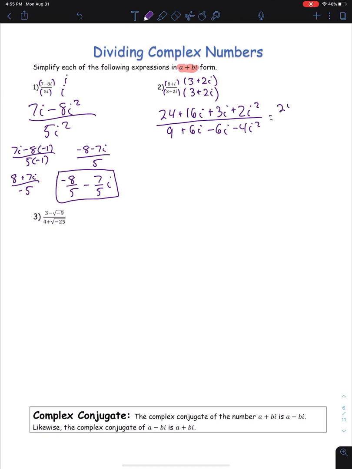We get 24 plus 19i minus 2, because i squared, well, I jumped too far ahead of myself. i squared is negative 1. All over these 6 i's. This is why we do the conjugate. The i's cancel out, and we're left with 9 minus 4 times negative 1.